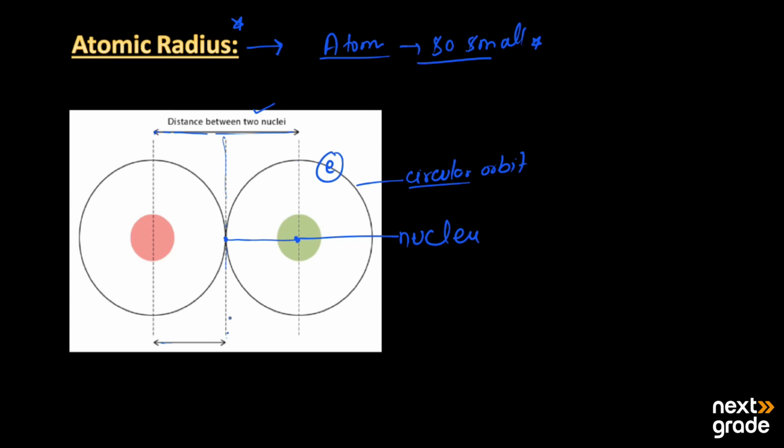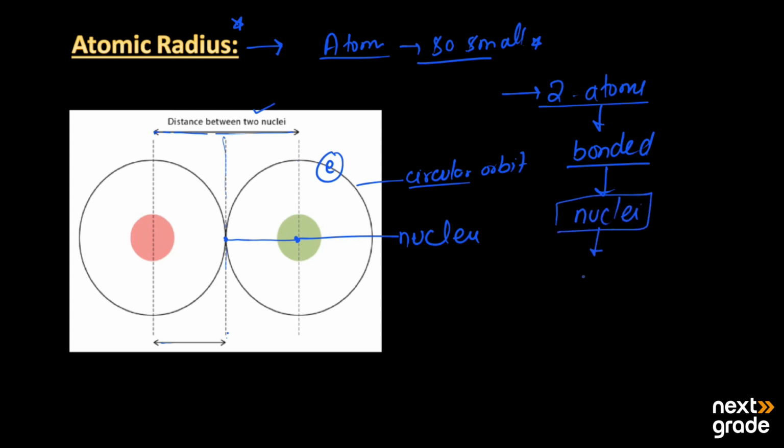The atomic radius is measured with the help of two atoms that must be bonded, and then we measure the distance between their nuclei and take half of it. It will be known as the mean atomic radius of the atom.